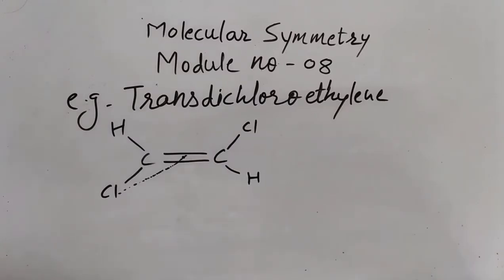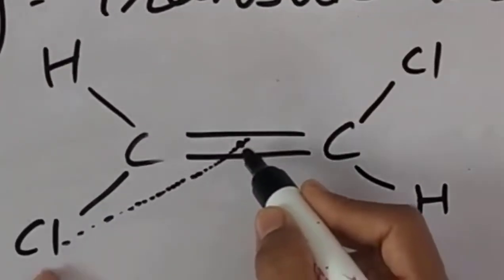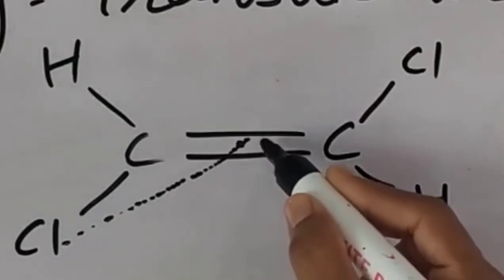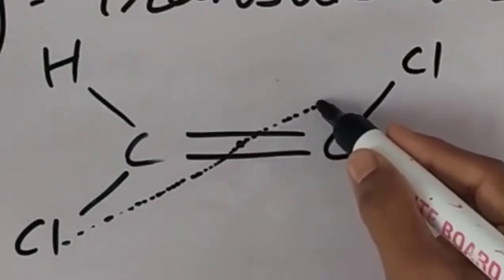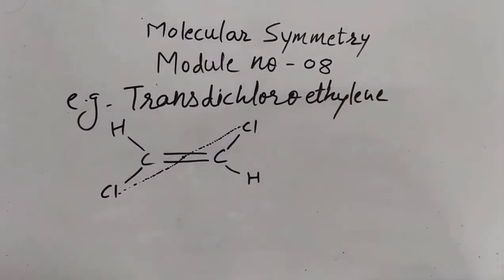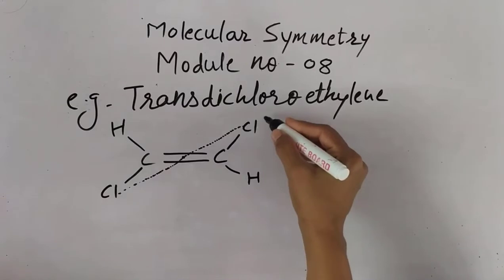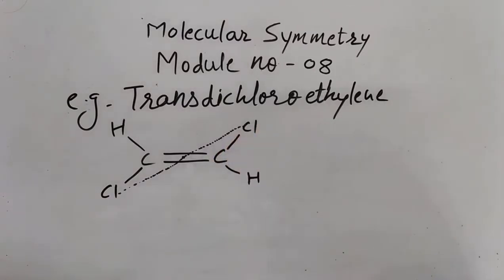So in order to check whether the center of symmetry, that is the i symmetry element, is present or not in a molecule, what do we have to do? We have to choose any atom. From that atom we have to draw a line passing through the center of that molecule, and extend the line in the opposite direction and at equidistance. And if the same atom is present at equidistance and in the opposite direction, then we say the inversion center is present in that molecule.